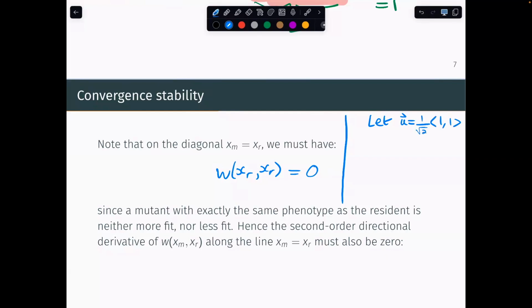And our gradient vector of w is just going to be equal to the vector composed of its partial derivatives, dw dxm and dw dxr.